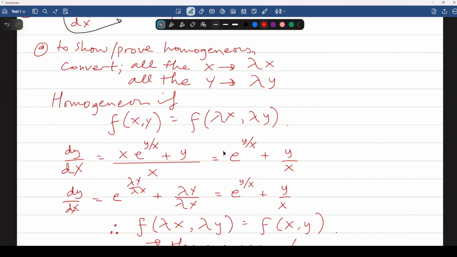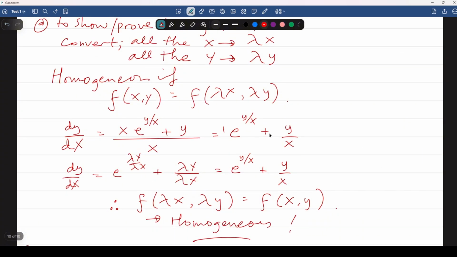The next one is dy/dx. We do the substitution: all the y with lambda y and all the x with lambda x. So that's what is happening here: e to the power of lambda y over lambda x, plus lambda y over lambda x.